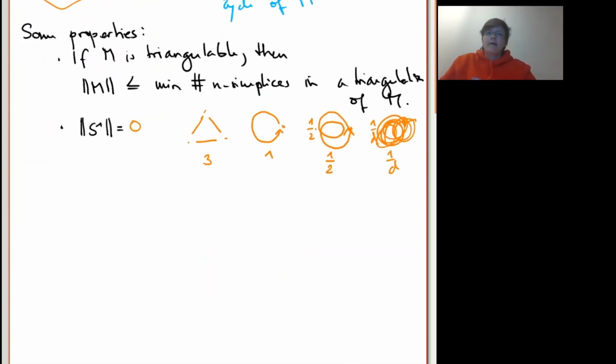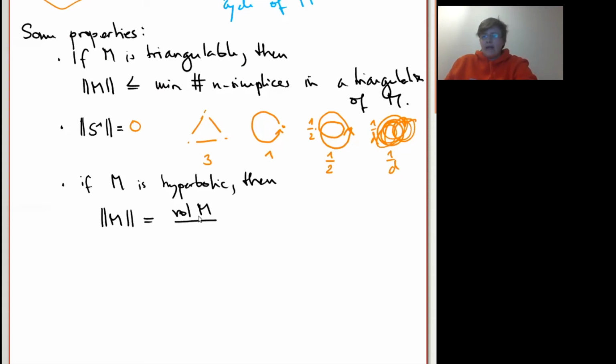that's the circle. Then maybe let's move on to interesting examples. So I think the key example is the hyperbolic case. So if M is hyperbolic, then the simplicial volume of M is the same as the volume of M, the hyperbolic volume, right?